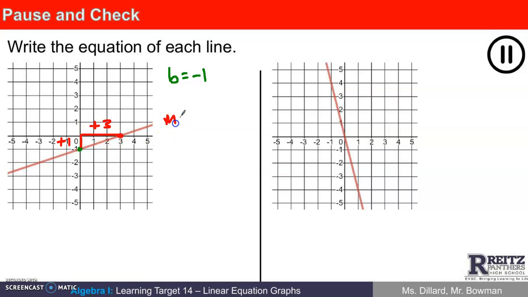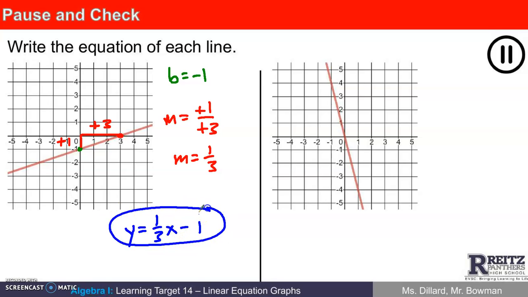So my slope would be +1 over +3, which is just 1/3. Two positives make a positive answer, and 1/3 does not reduce. So my line equation is y equals 1/3 x. If I wrote plus a -1, that would be okay, but we may as well just write that as -1. Y equals 1/3 x minus 1.